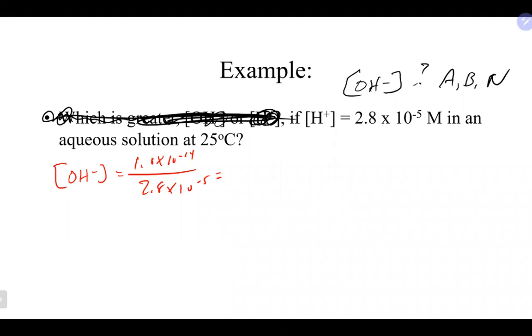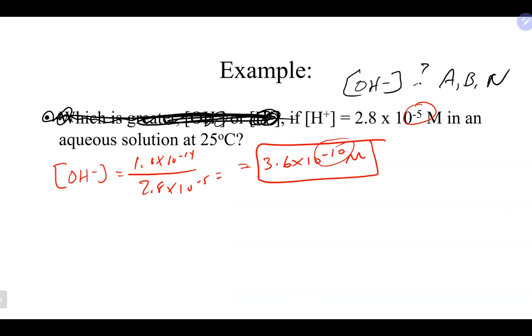Looks like 3.6 times 10 to the minus 10 in this case. Again, it would be molar. And comparing our acid part, which is minus 5, to our base part, which is minus 10, that means here the H plus is greater than the OH minus, and this would be acidic in this case. Any questions on KW, H plus, OH minus?